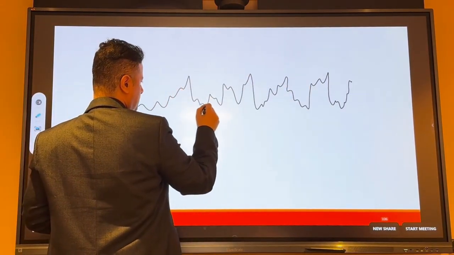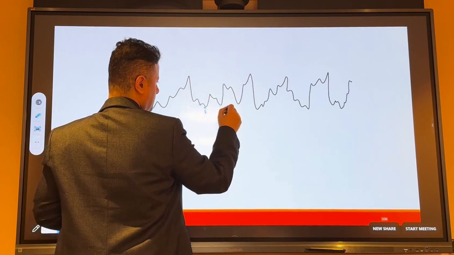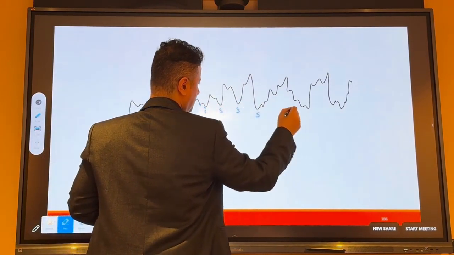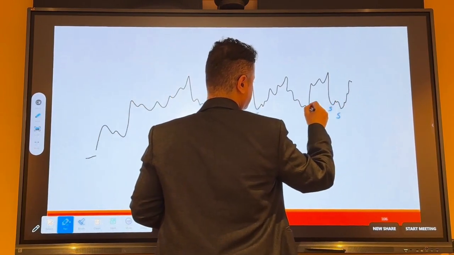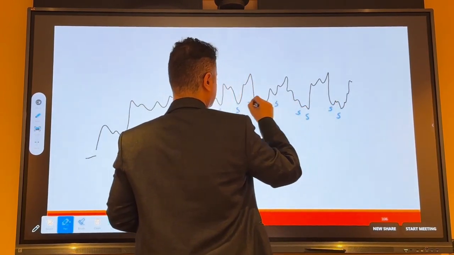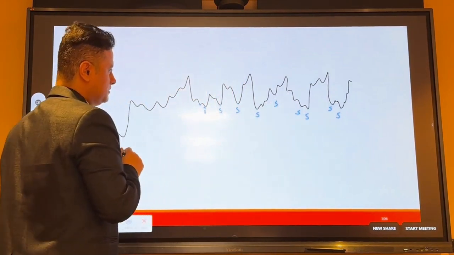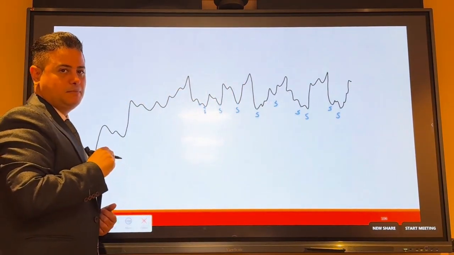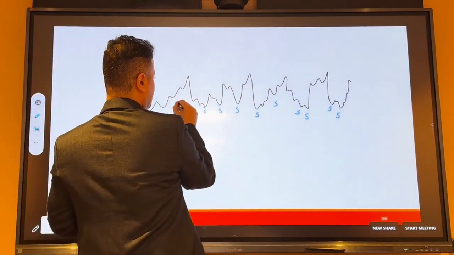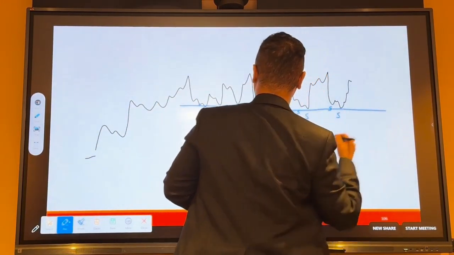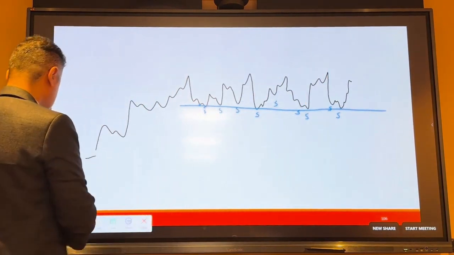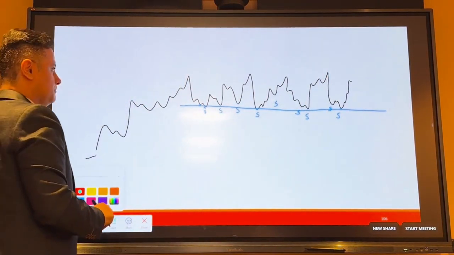For example, look at the supports we are seeing here. Once you have identified these supports, draw them together with a line. And accordingly, you can also find the resistance lines.